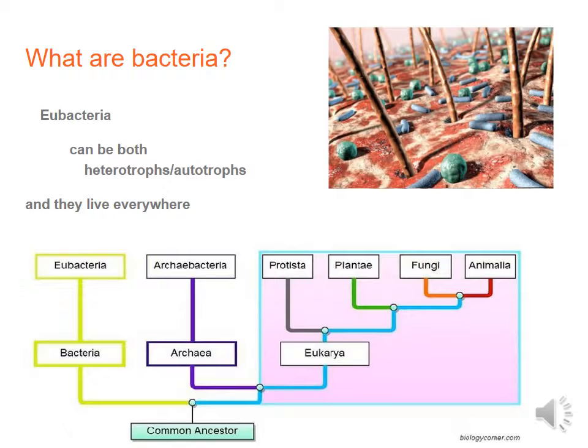Okay, what about an autotroph? Does anybody know what an autotroph does? It's a self-feeder. It produces its own food. Auto, because it's automatic. It does it on its own.